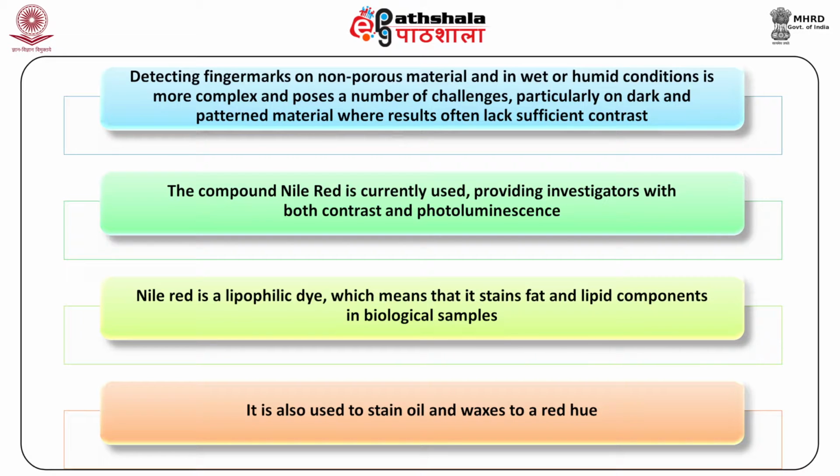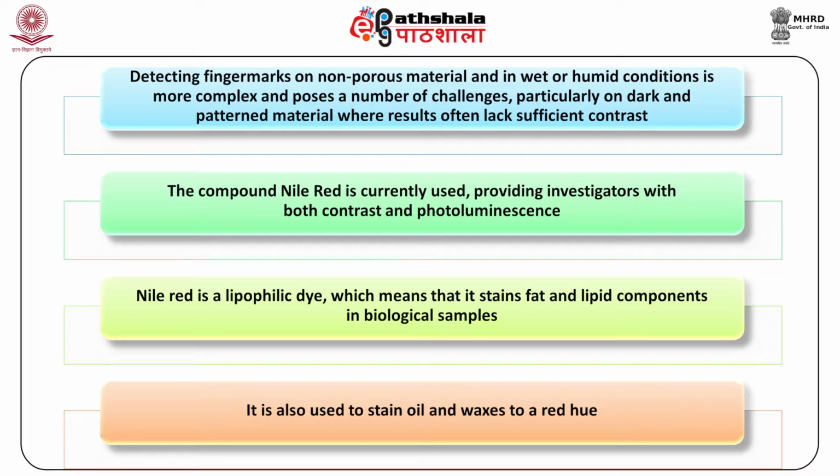The compound Nile Red is currently used, providing investigators with both contrast and photoluminescence. Nile Red is a lipophilic dye, which means that it stains fat and lipid components in biological samples.